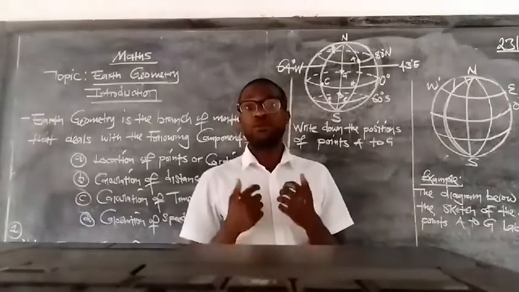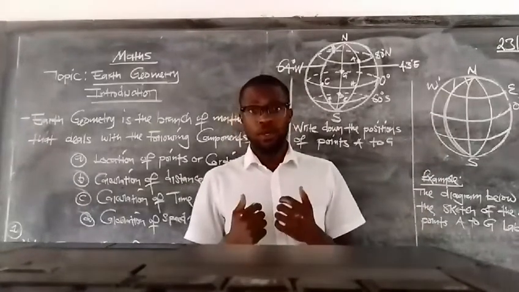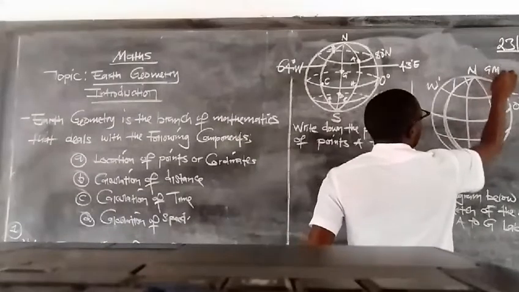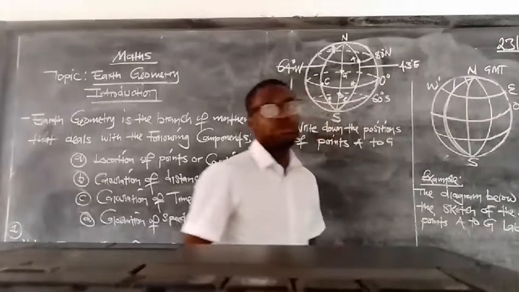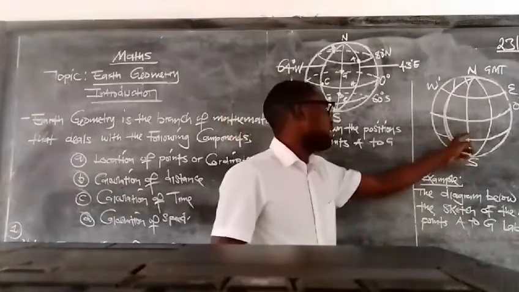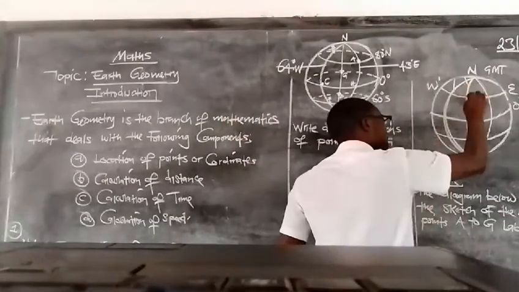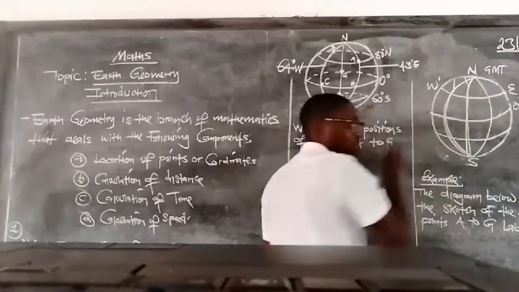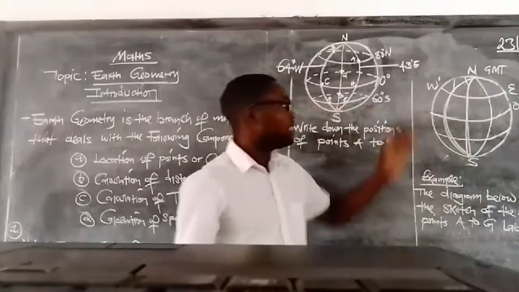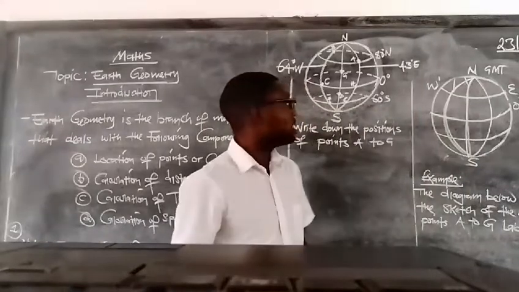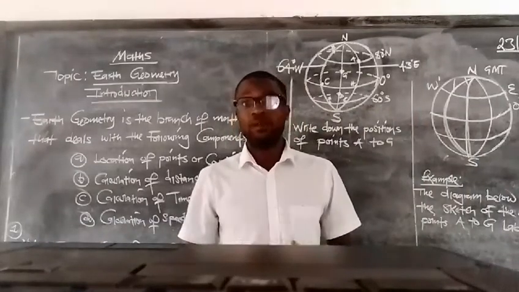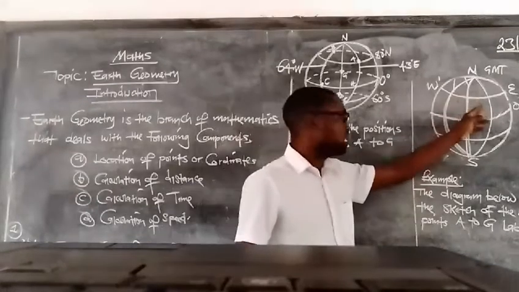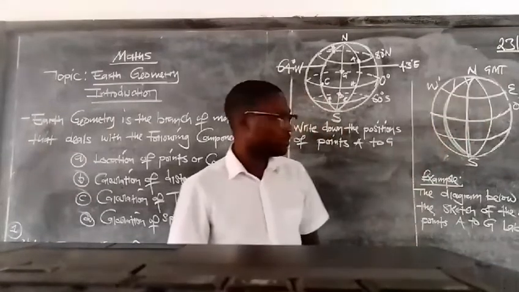Apart from that, we also have one important line of longitude, which is known as the GMT, the Greenwich Meridian Time. That line is there at the middle, which divides the Earth into the eastern side and also the western part. We need that important line for the sake of time calculation. So we are able to calculate time because of the GMT located there.